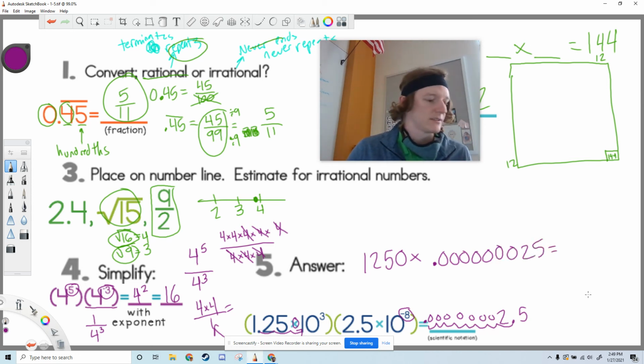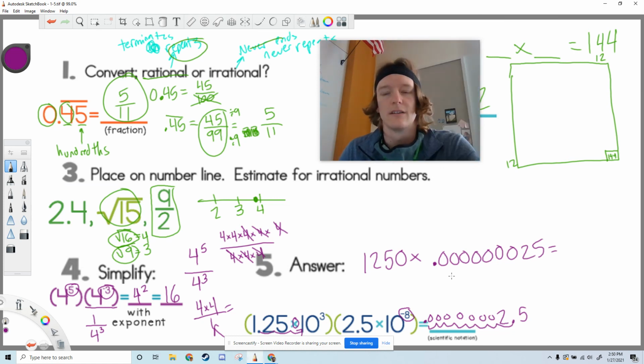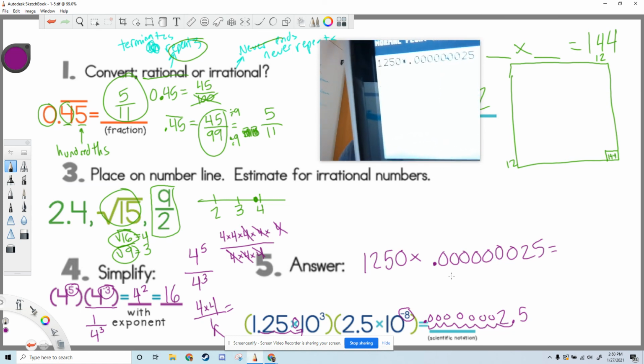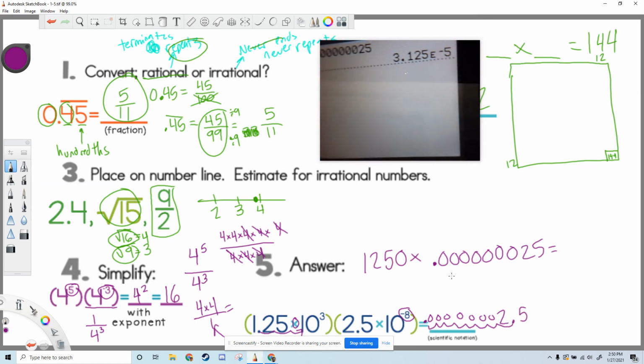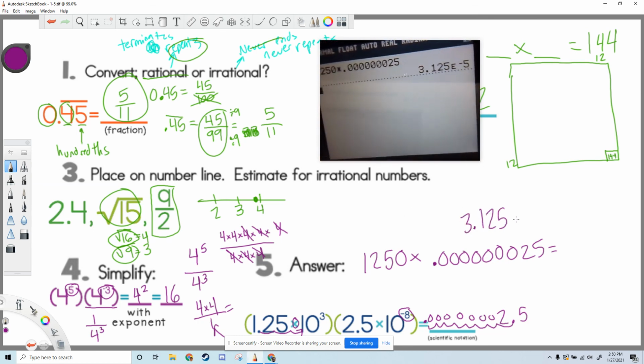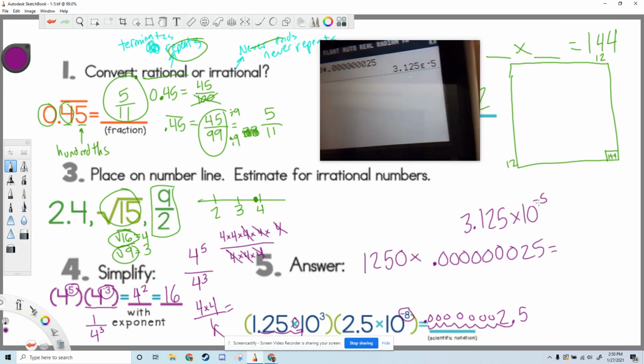Now they want it in scientific notation, so we haven't learned this yet. I don't mind helping you out. Times 0.000000025. My calculator says 3.125 times 10 to the negative 5th.